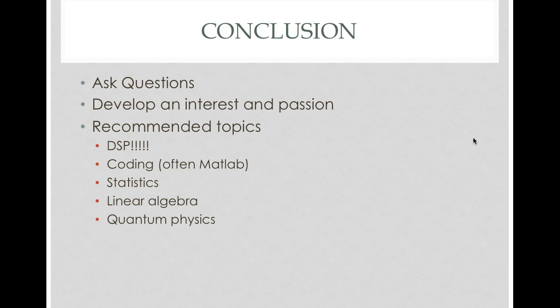I find that many of the coding that happens with fMRI and the analysis occurs in MATLAB, so if you can acquire that coding skill, it's pretty helpful. And then typical engineering skills like linear algebra and statistics are great. If you want to understand more of the physics behind it, studying quantum physics and nuclear physics are valuable for that. I don't have a great knowledge base on that, but it's good if you're going to be altering pulse sequences or changing the way that you're doing fMRI rather than just analyzing the data.